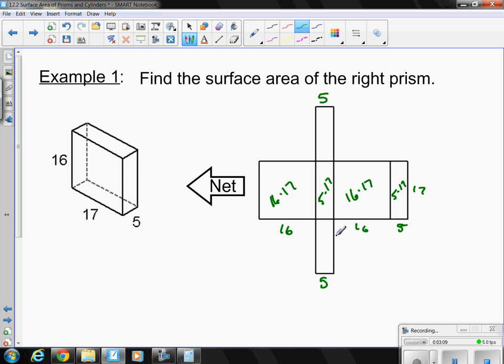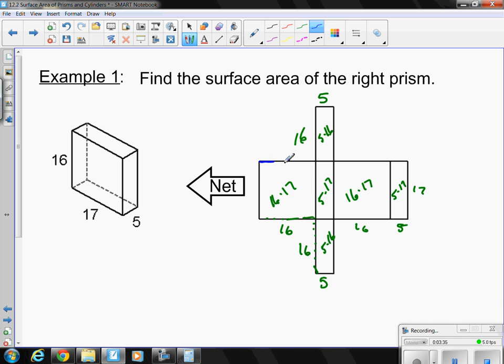We got to figure out what this length is. Notice if I folded this box up, this side would match up with this side, so I know this is going to be 16, and that's going to be 16. So this is 5 times 16, 5 times 16. So I could do all these calculations, figure out the area of each one of these boxes, and add them together. Or there's a trick.